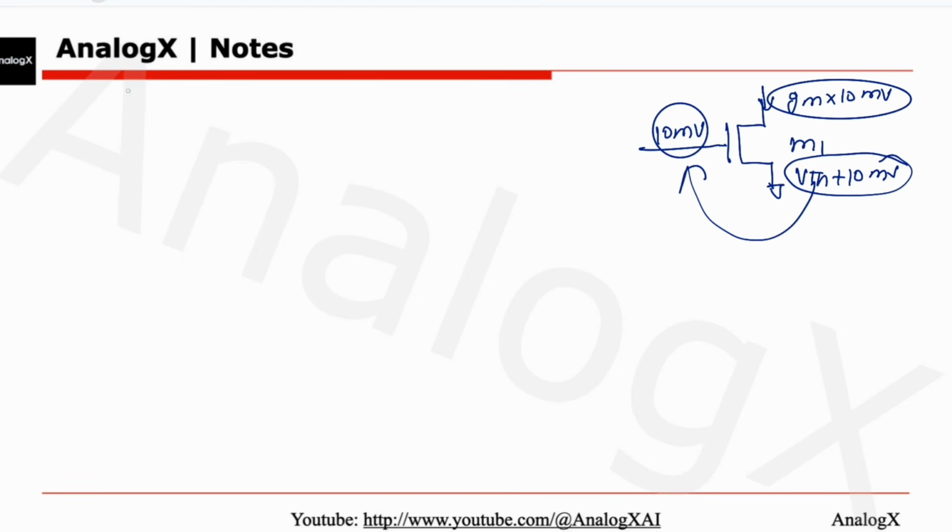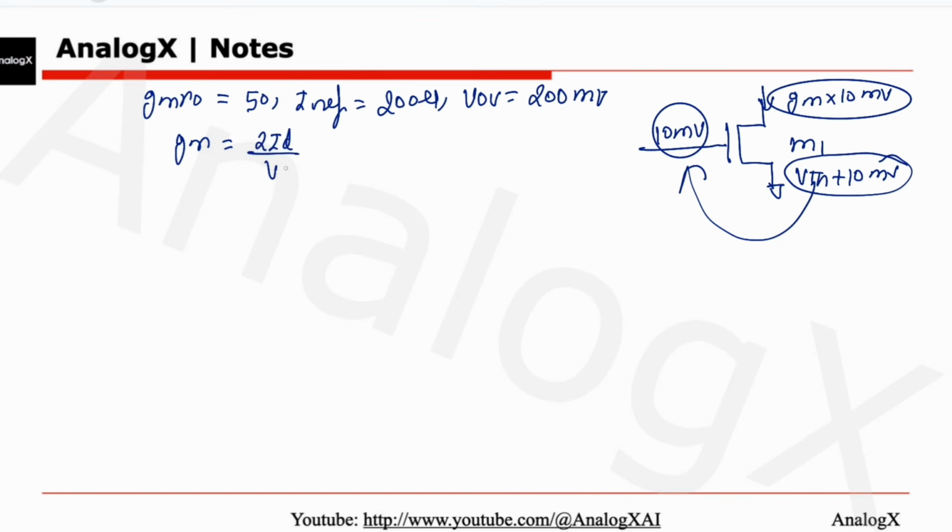So let's calculate the Gm value. They have given gm ro equal to 50, I reference is 200 microampere, and V overdrive is 200 millivolt. You know that Gm equals 2 ID by V overdrive. So 2 into 200 micro divided by 200 millivolt.